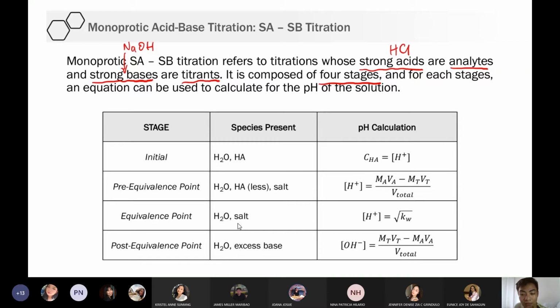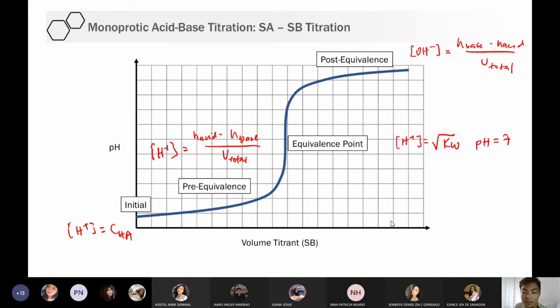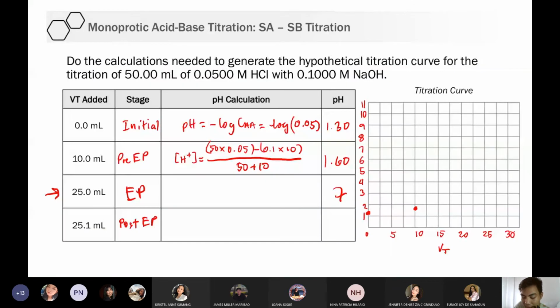Because of water, self-ionization. The self-ionization of water is given as H plus equals square root of Kw. Okay? So, square root of Kw is 1 times 10 raised to negative 7. Pag ni-negative log mo yon, 7. Di ba? Pag ini-negative log mo yan, 1 times 10 raised to negative 7, automatic 7 yung pH mo.